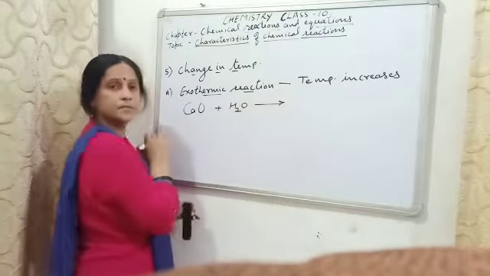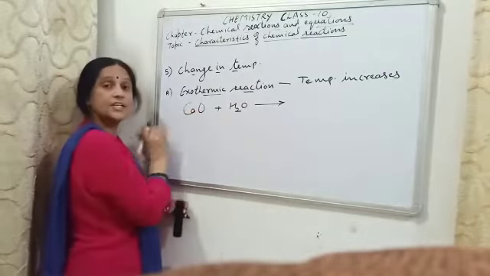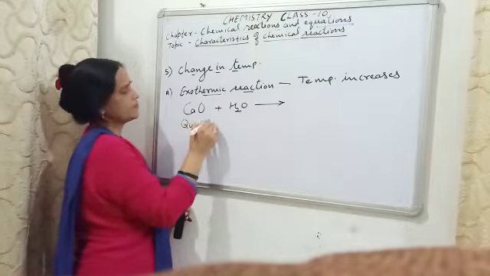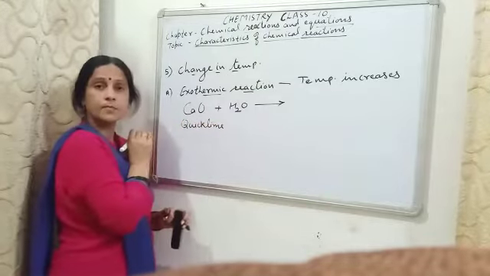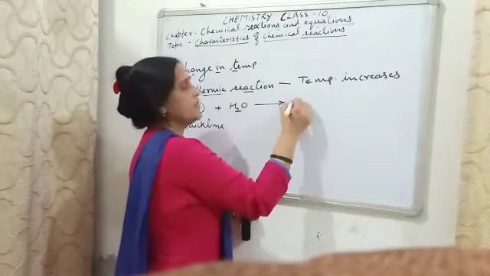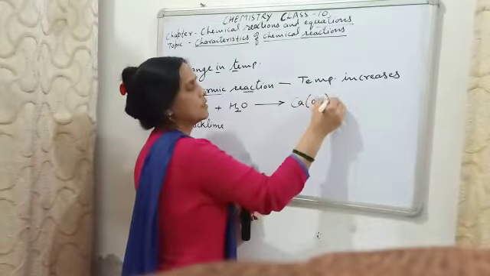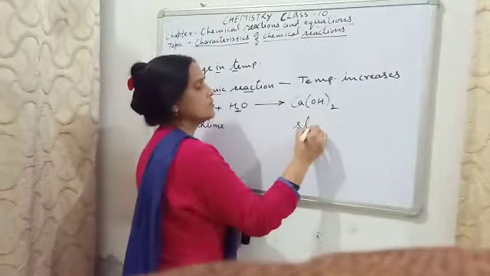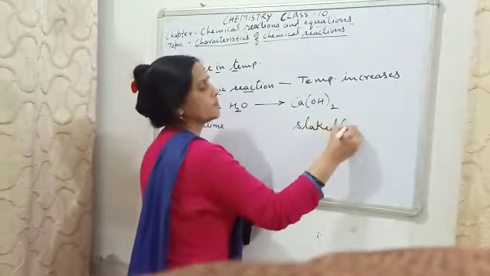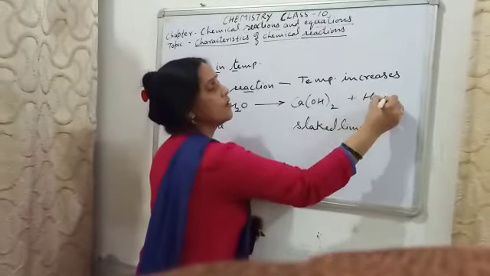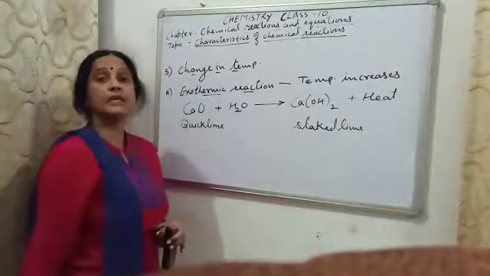For example, if we add calcium oxide, also known as quicklime, in water, a reaction takes place and an aqueous solution of calcium hydroxide, also known as slaked lime, is produced with the evolution of a large amount of heat.